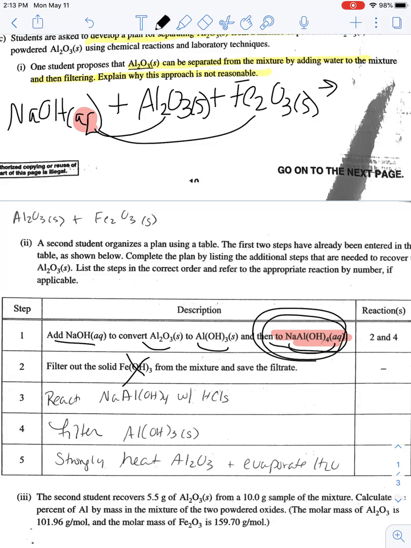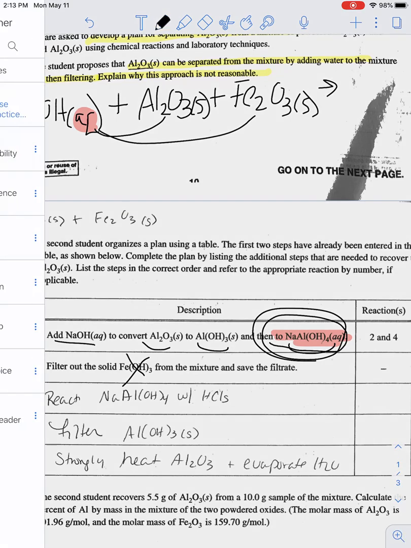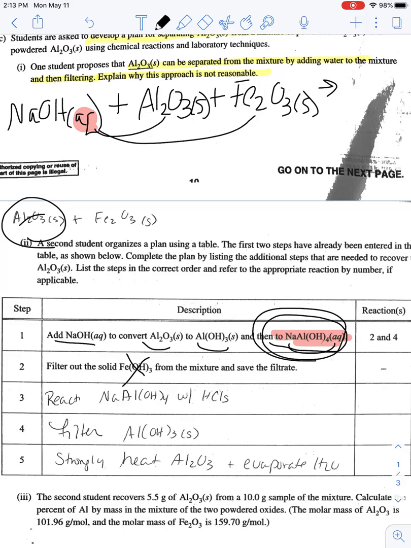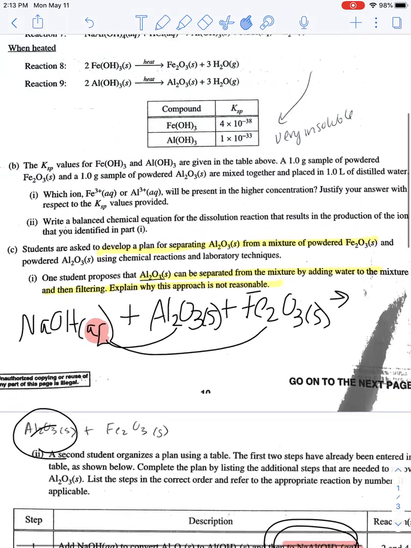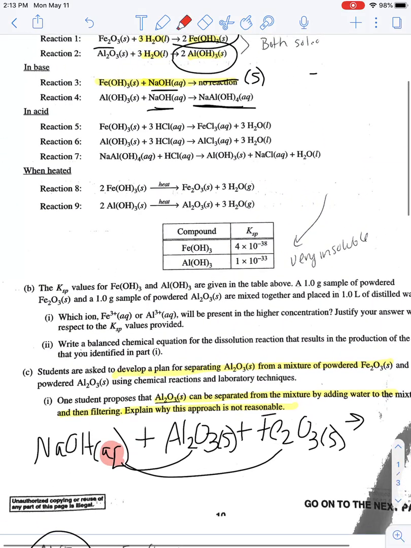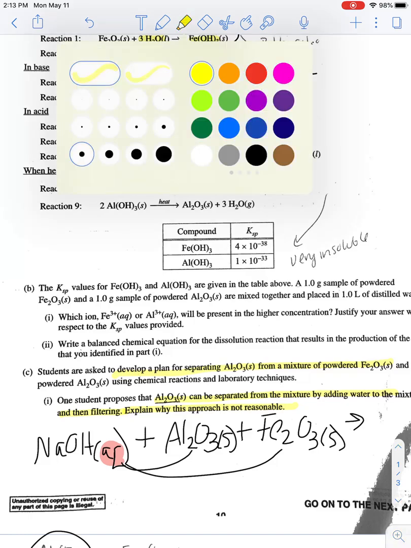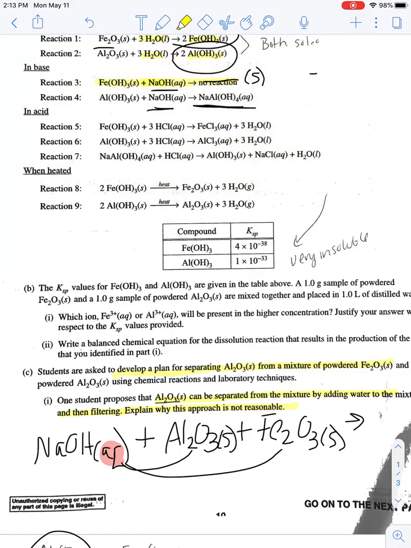So we have to do something with that. Looking back at the equations, because ultimately what we want to get to is this, I'm going to find NaAl(OH)4, which is here. It says when you add acid, it's going to turn into Al(OH)3, which is a solid, NaCl aqueous, which is dissolved, and liquid water.